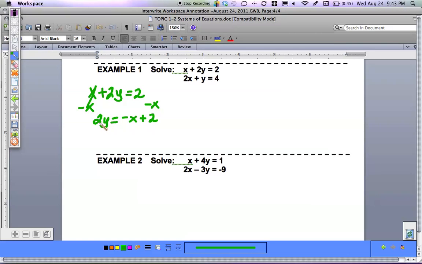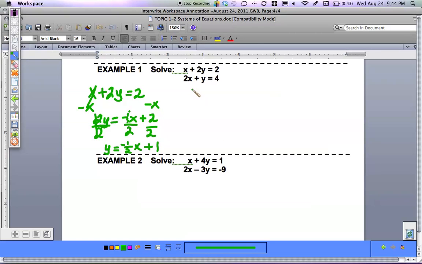So how would we get rid of multiply? Hopefully you said we would divide. Dividing by 2 on one side means you have to divide by 2 on the other. Notice I divided by 2 all the way across. These will cancel. Remember, you have an invisible 1 in here. And for this to come out looking like slope-intercept form, we want to write that in fraction form. So that's going to come out to -1/2 times x plus 2 over 2, which comes out to +1.